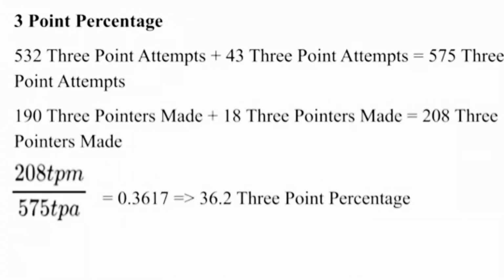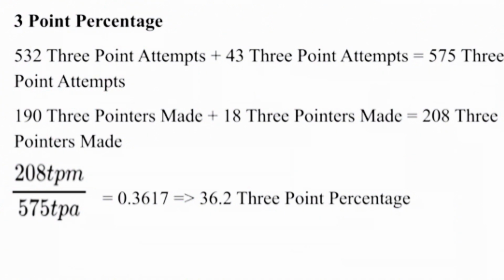For example, we found that Anthony Edwards attempted 532 three-pointers in the regular season and 43 in the playoffs. In total, he attempted 575 three-pointers. We then found that he made 190 three-pointers in the regular season and 18 in the playoffs, for a total of 208 three-pointers.